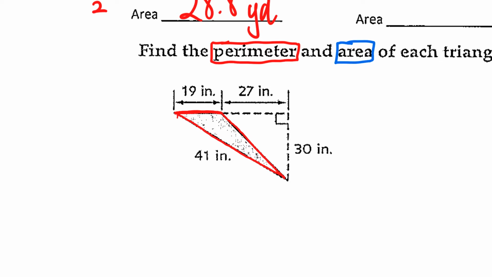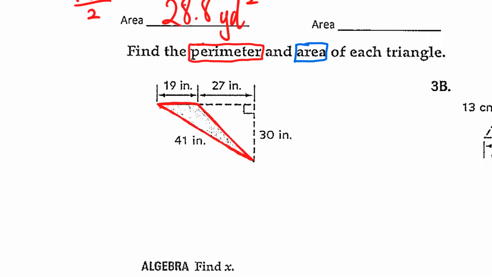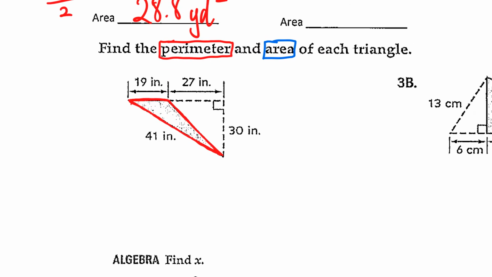That's 19. How long is this long side over here? Do I know how long this side is right here? Nope. How am I going to find that side? Okay, yes, using that 27 and 30. What am I going to plug that 27 and 30 into? Pythagorean theorem, exactly. So I'm going to do 27 squared plus 30 squared equals x squared.